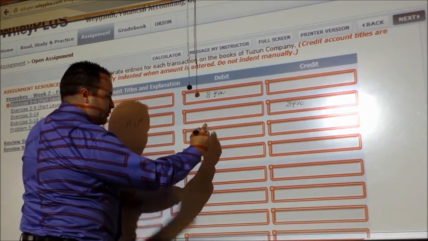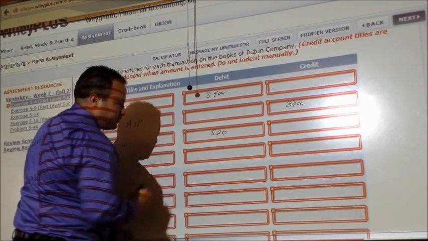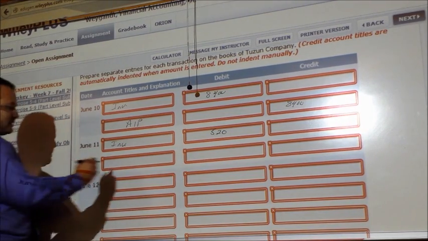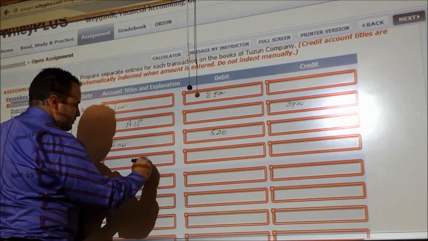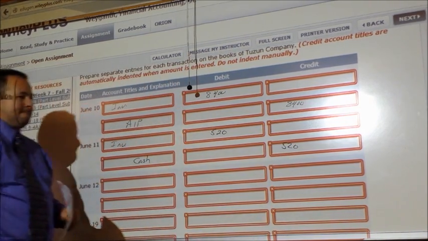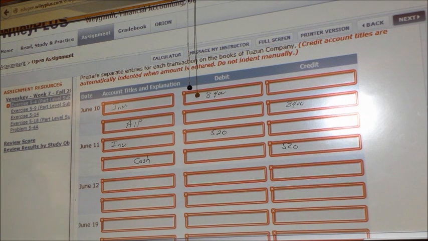And that was $520. And it tells us that we went ahead and paid that. The key here for this one is to show that it's not an expense.